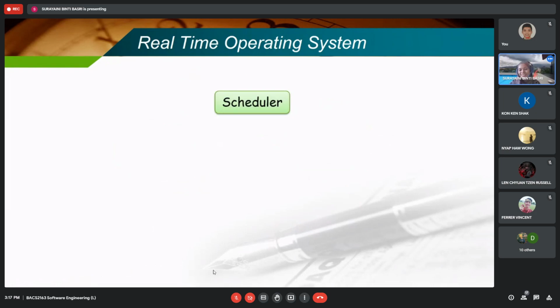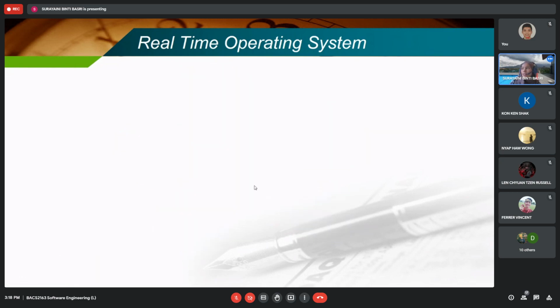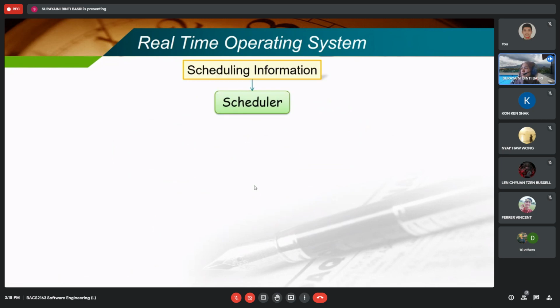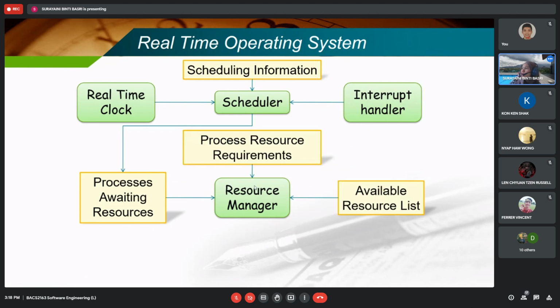I know you are also doing the reading, but this is another reading for you. So as you can see, there are 5 components for the RTOS. This is the example of how each of the components inside the RTOS works together.